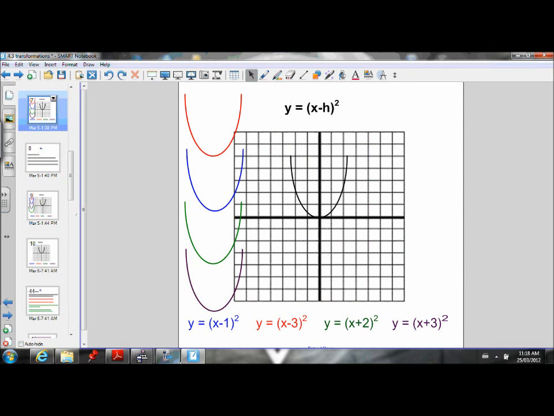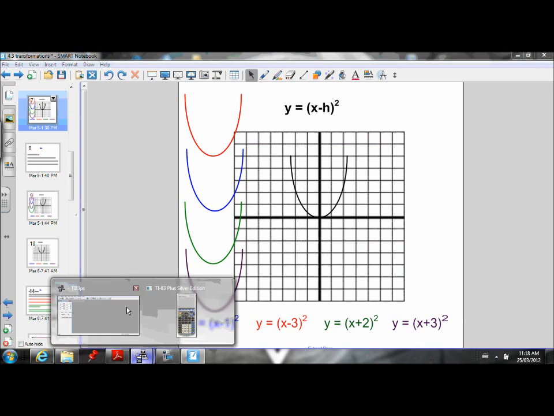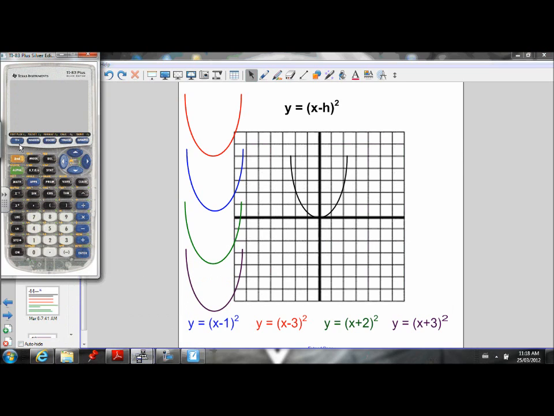Okay. So, once again, if you bring up your graphing calculator, we put y equals (x minus 1) squared into our graphing calculator. Leave y equals x squared in your graphing calculator, that way you can compare it to our new graph. So let's make sure you leave your brackets in.